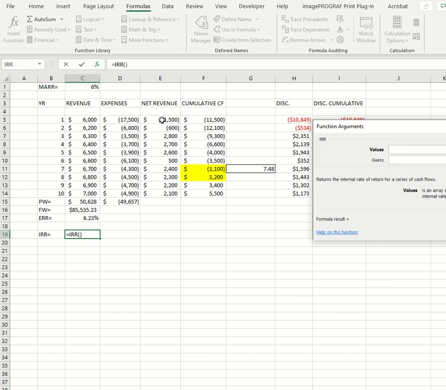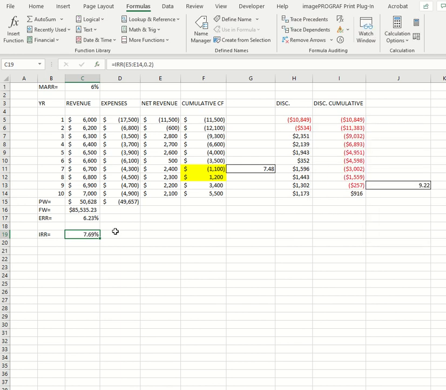And you just tell it the net revenue from here to here. Okay, so then you also have to just give a guess, and in here you can put any number, and I just picked 0.2. And that gives you an IRR of 7.69. And that's all we have.